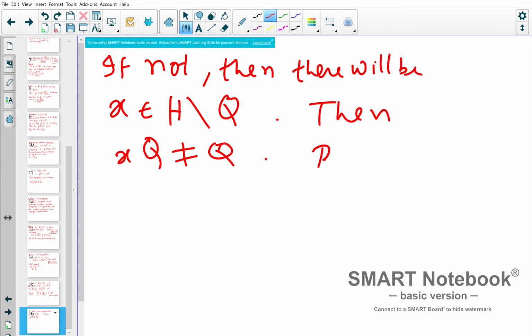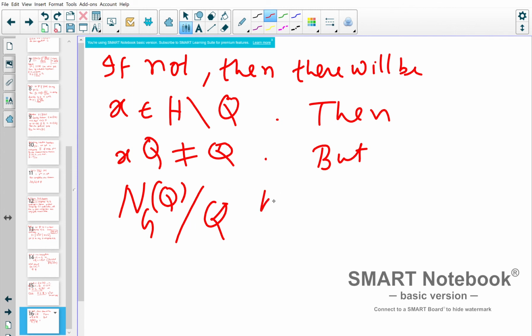But you know that Q is normal inside the normalizer of Q, so I can talk about the quotient group. What is the order of this group?